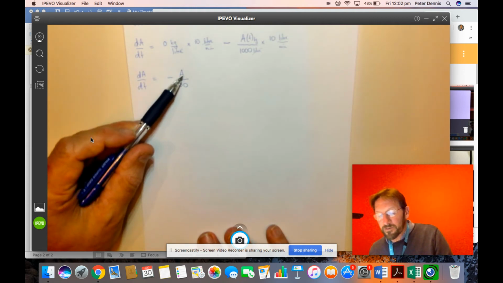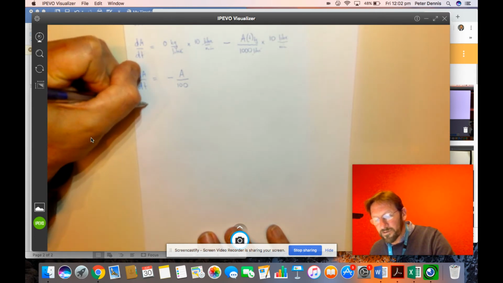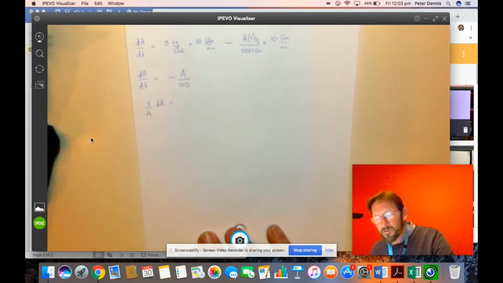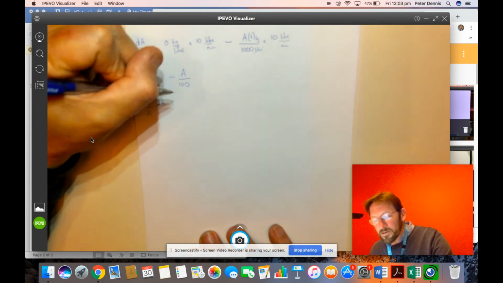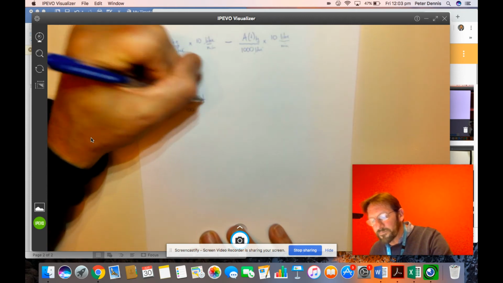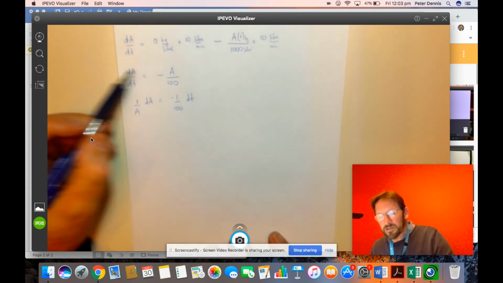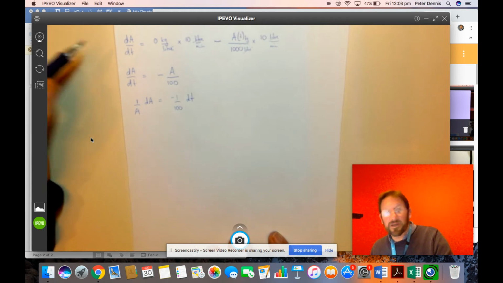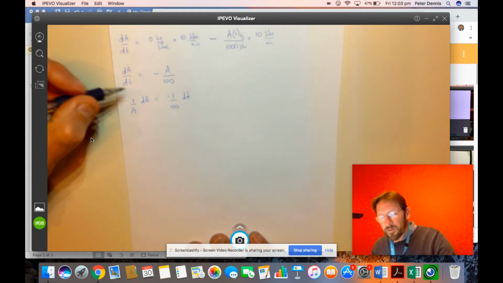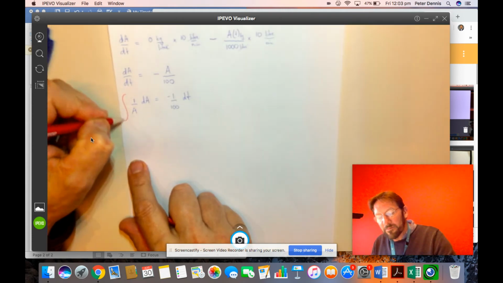So what I'm going to do to solve this is I'm going to take my A's over here. So we've got 1 over A dA equals minus 1 over 100 dt. So all I've done is separated all my A's to one side, separated all my t's to the other. In this case, there wasn't a t, which was nice. And we're going to then integrate both sides.